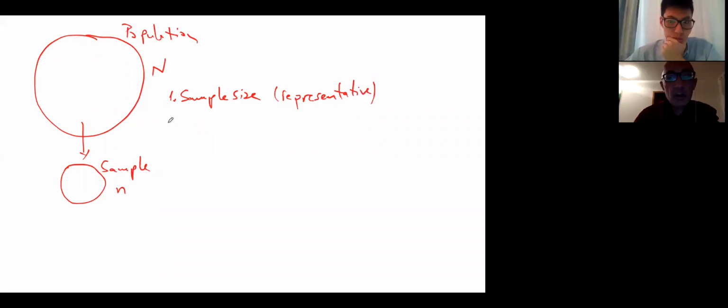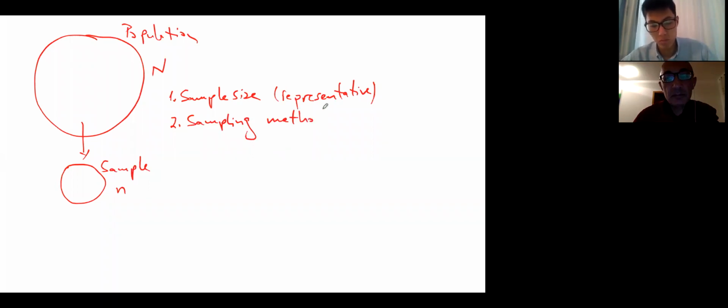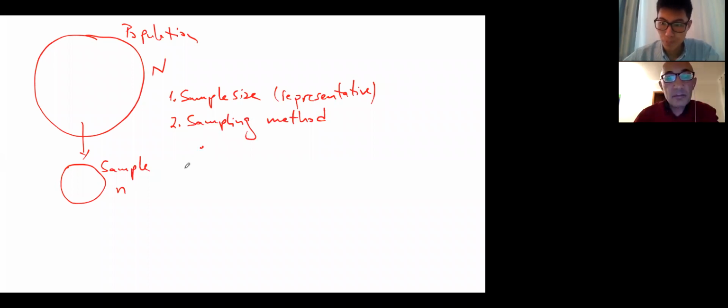Then what's the method of sampling? Sampling method. Which methods we mentioned, do you remember? Can the students help me to count the methods of sampling? The most important one was what?